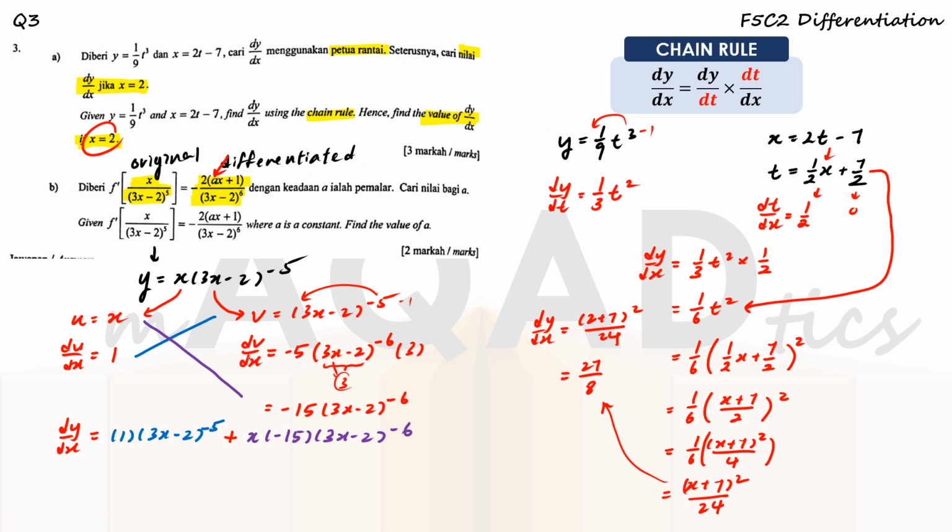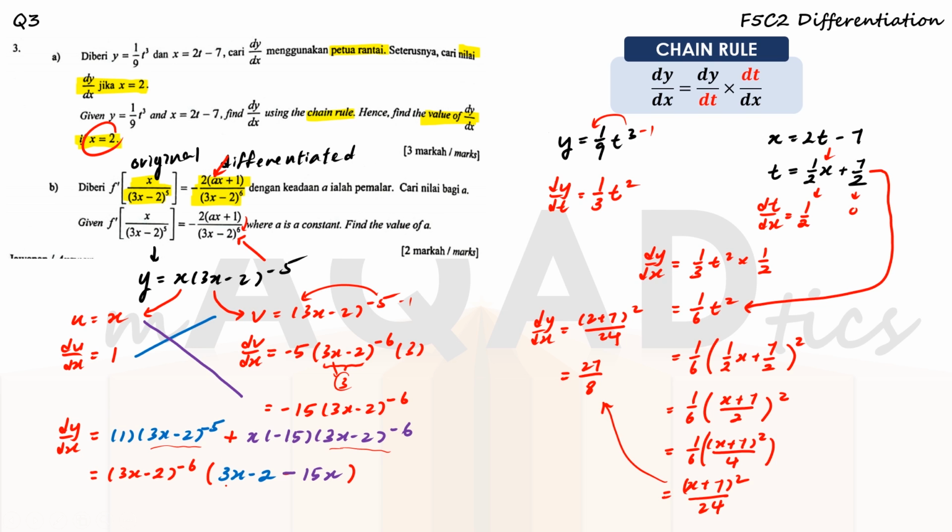If you look back at the question, here in the numerator the power is 6, and here we have power of 5. If we ignore the negative, here we have 6. So from these two values, let's factorize 3x minus 2 power of -6 first.